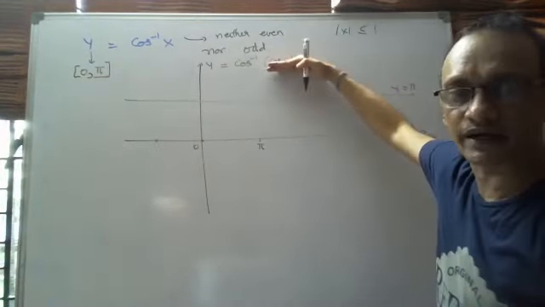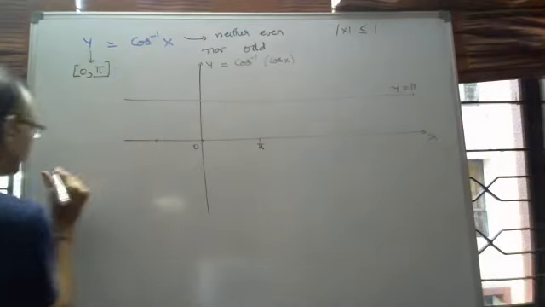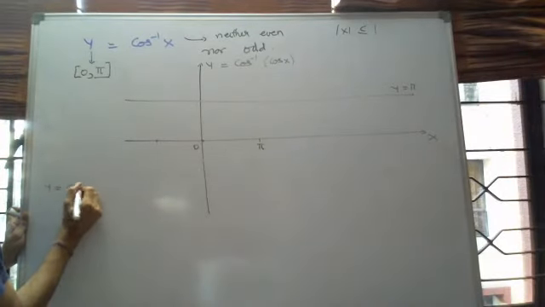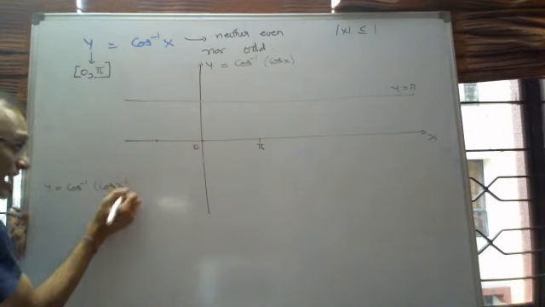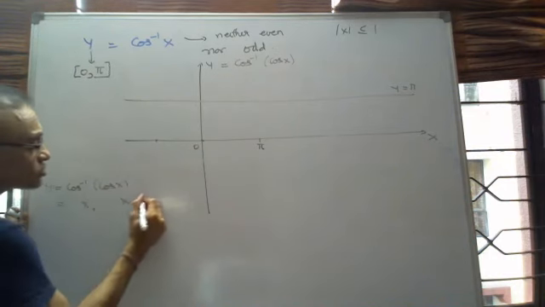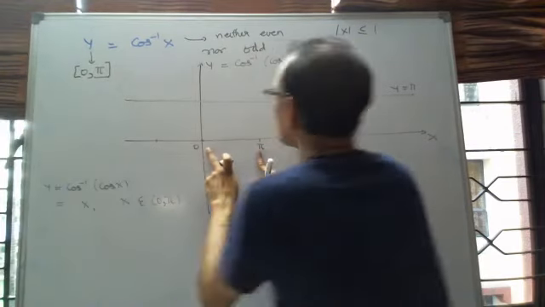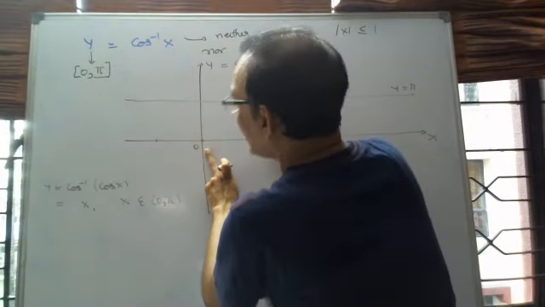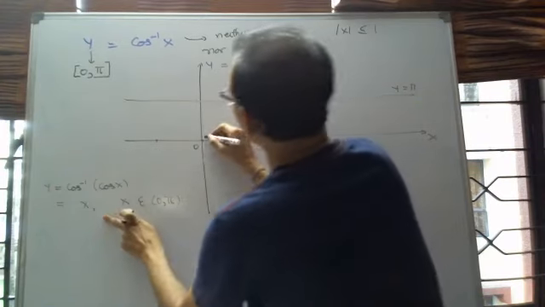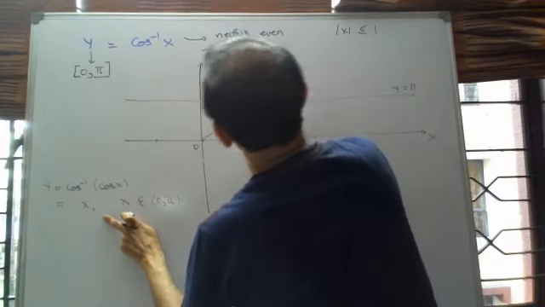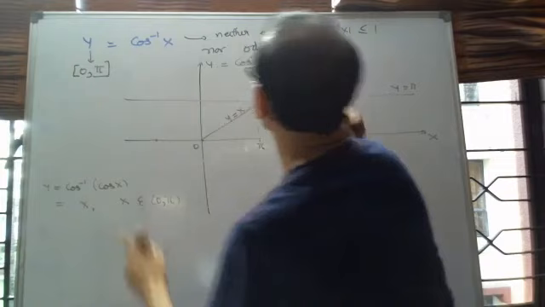And cos inverse cos x will be x when x belongs to 0 to pi. So when x lies in 0 to pi, the graph will be y equal to x.